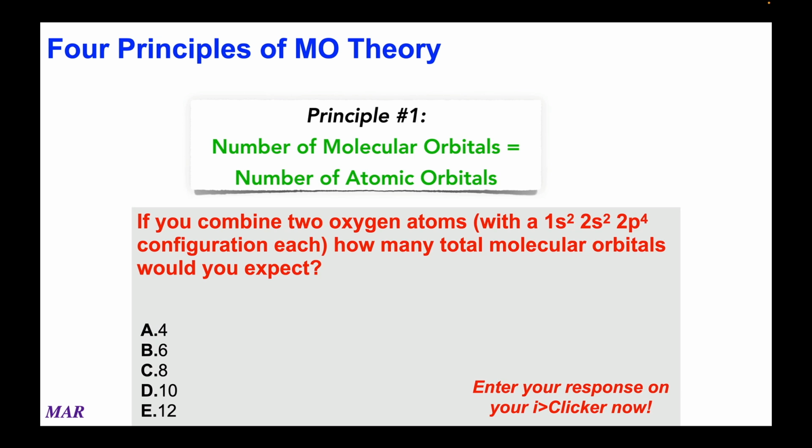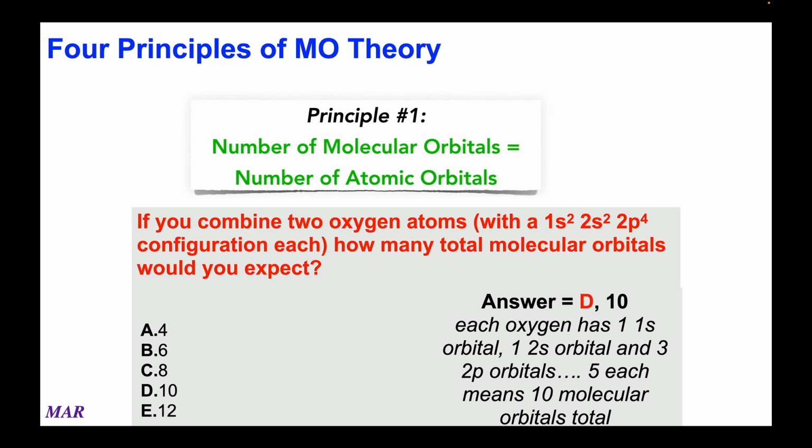Each oxygen has 5 atomic orbitals. And since there are 2 oxygens, that's 10 atomic orbitals that we're putting in. So we would expect to have 10 molecular orbitals come out. So the 1s, the 2s, and the 3 2p's on each oxygen combine to make 10 molecular orbitals. That's kind of the idea happening.